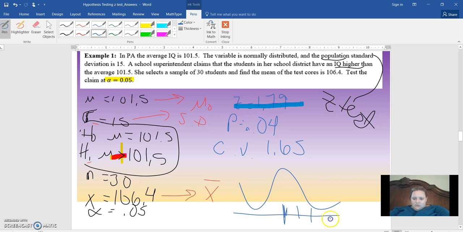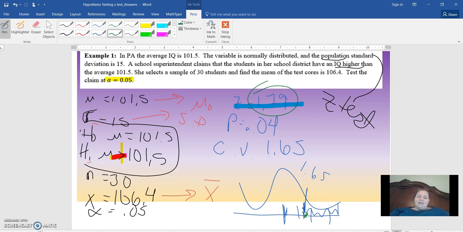The mean, 1, 2, 3. So 1.65 is here. And I'm going to shade there. Okay, and so then I need to compare this 1.79. All right, 1.79 is right there. It's in between 1.65 and 2. And because it's in the shade you reject the H-naught. You should always reject the H-naught, by the way. Just kidding.